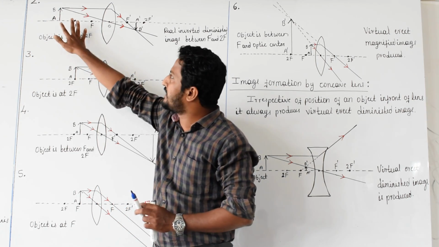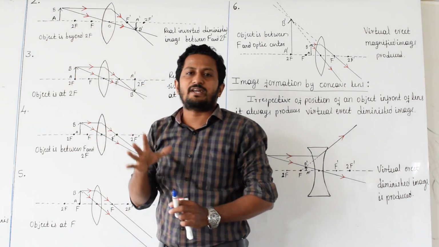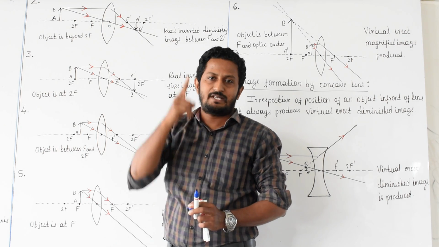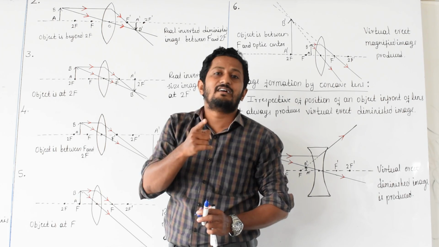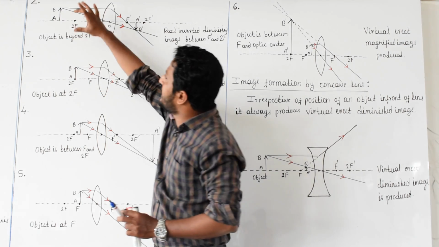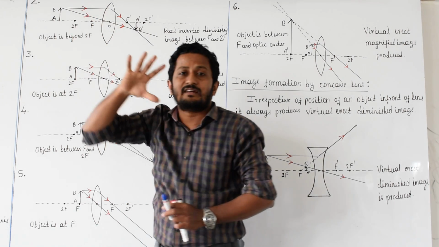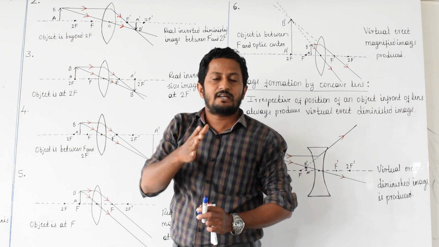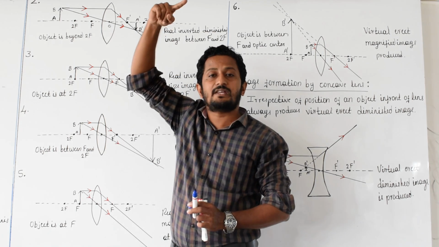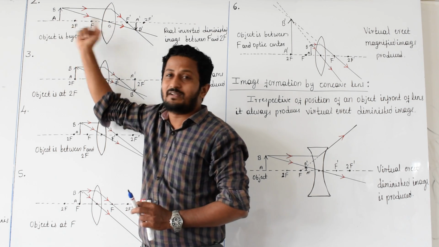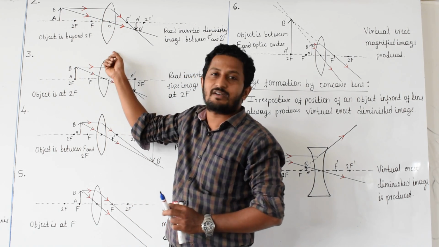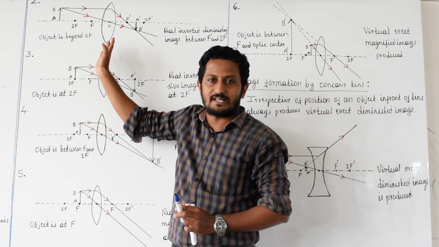Here we have taken AB as a linear object. A linear object means it has a certain height. AB is a linear object held vertically upward with respect to the principal axis in front of that biconvex lens.